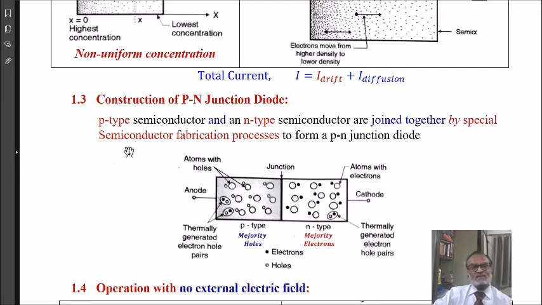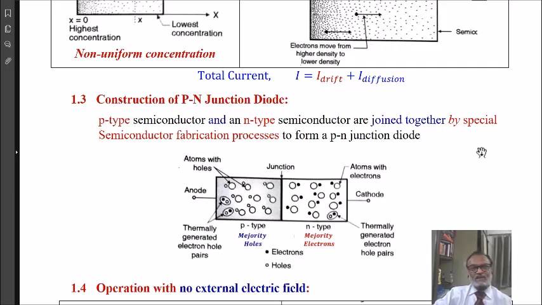Now let us see the construction of p-n junction. Up till now we have seen the intrinsic and extrinsic semiconductor. Now you can make use of p-type and n-type material to make a p-n junction.